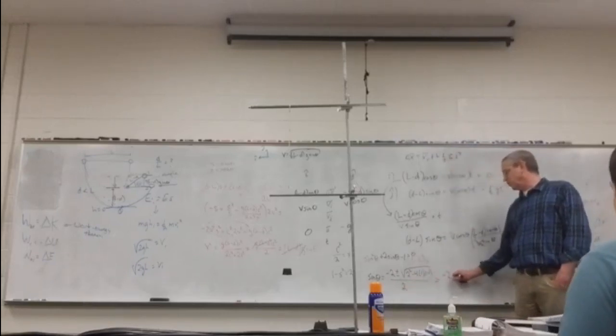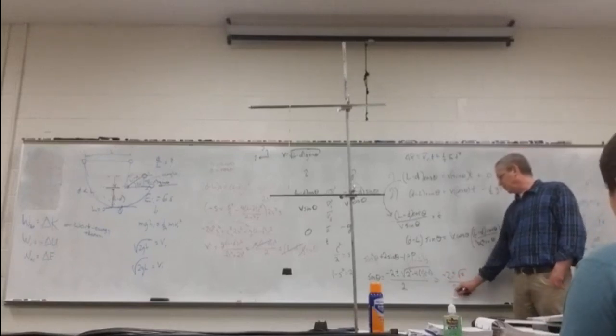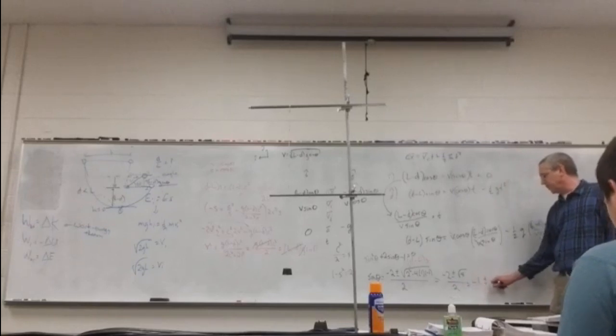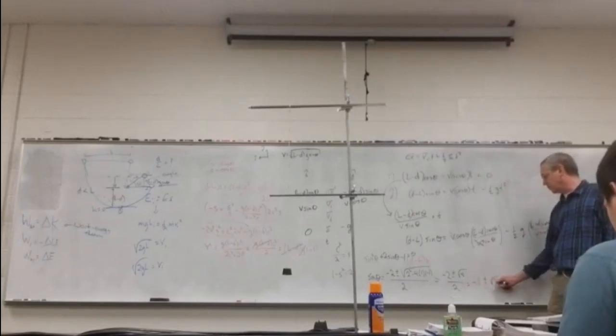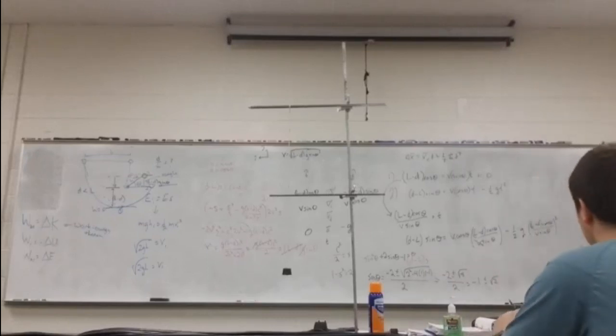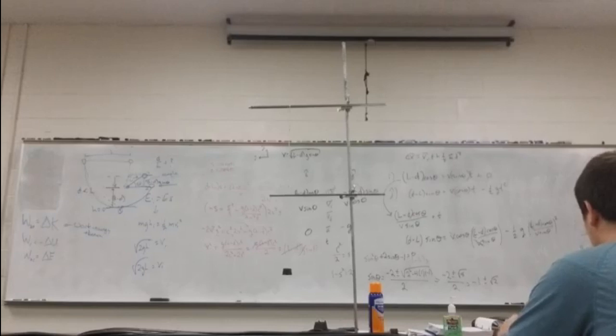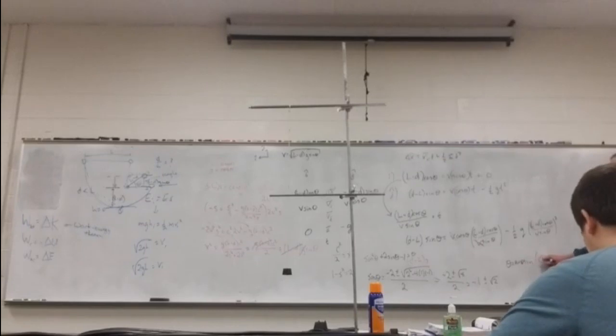So this is negative 2 plus or minus the square root of 8 over 2, which is negative 1 plus or minus the square root of 2. We know theta is a positive angle because of the way we defined it. And so theta would be the arc sine of square root of 2 minus 1.